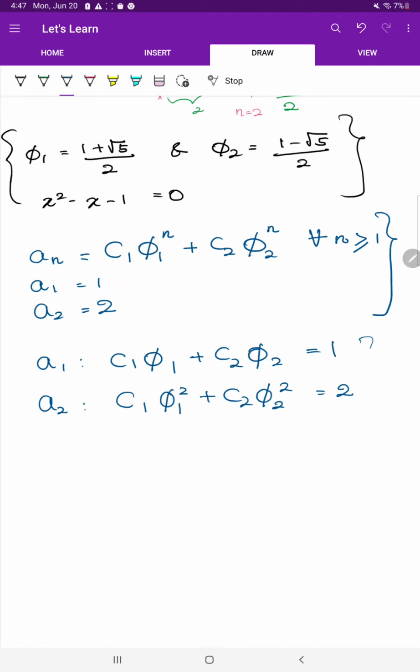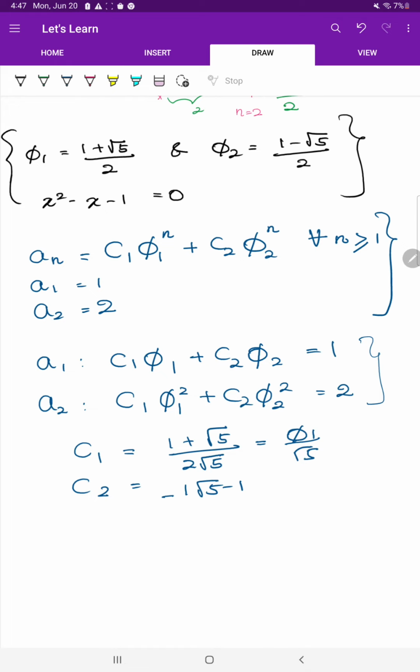By solving this system, we obtain the solution for c_1 as (1 plus root 5) over 2 times root 5, that is phi_1 over root 5. And c_2 is then phi_2 over square root 5.